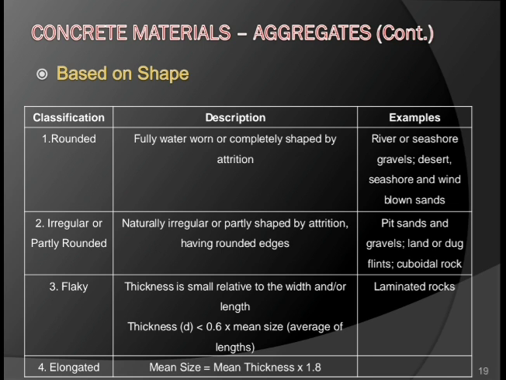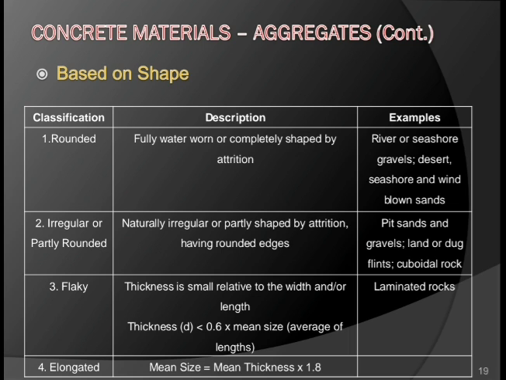Similarly, if wind is blowing over it, then sandstone, then the gravels, right? The fully water worn or completely shaped by attrition are rounded aggregate. So the aggregate found from the river bed is known as rounded aggregate. Irregular are not rounded in nature, right? Pit sand and gravel are examples of irregular aggregate.